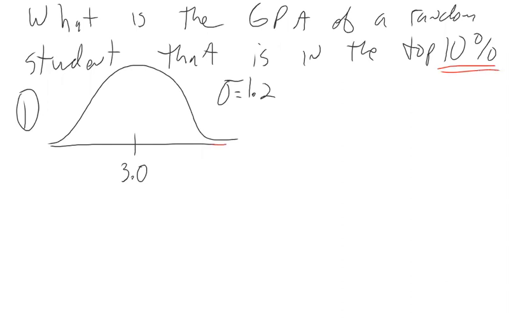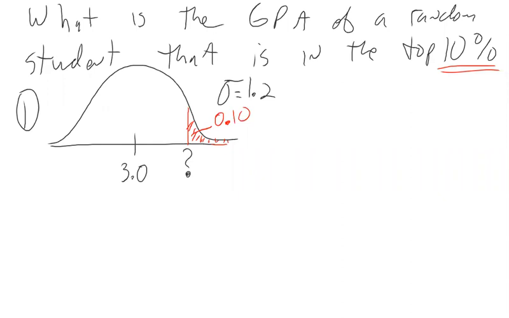In the bottom, or in the left or the right? Right. It's in the right. So I know I am over here, and this is 0.10. What I'm looking for is, what is this number? That's what this question's asking us, right?